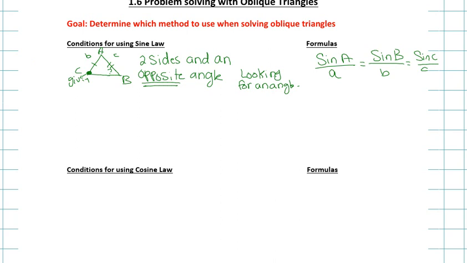Okay? So the only thing that's given to me is side B and side C and angle C. Angle C is opposite to side C, so that's good. If I have an opposite side and angle, then I can use sine law. And sine law says sine A over A equals sine B over B equals sine C over C. In this case, I don't care about A because that's not what I'm solving for.